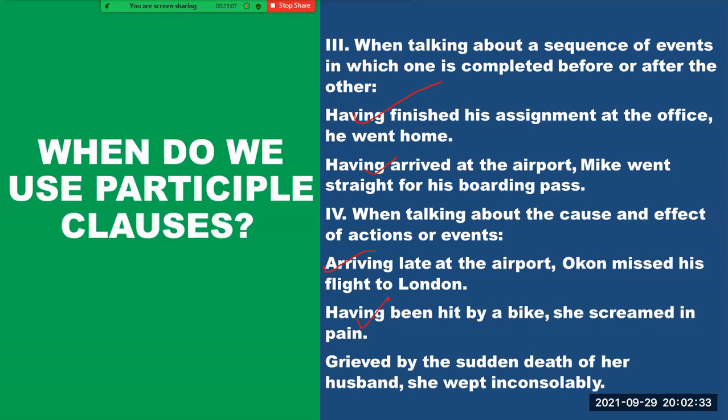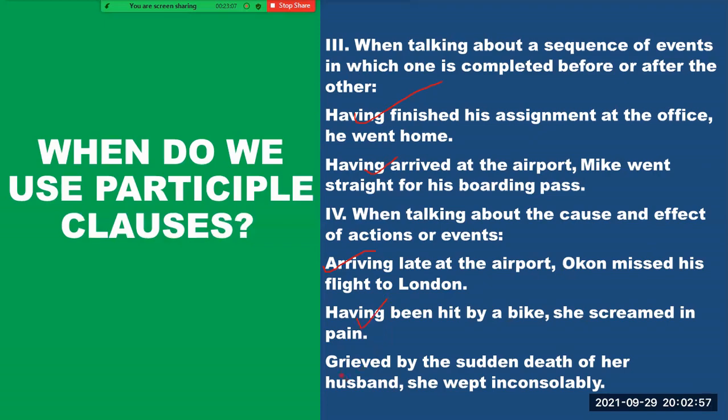You see, the cause of her screaming in pain was her being hit by a bike. All right? Her screaming in pain was the effect of her being hit by a bike. So we have a cause and effect.